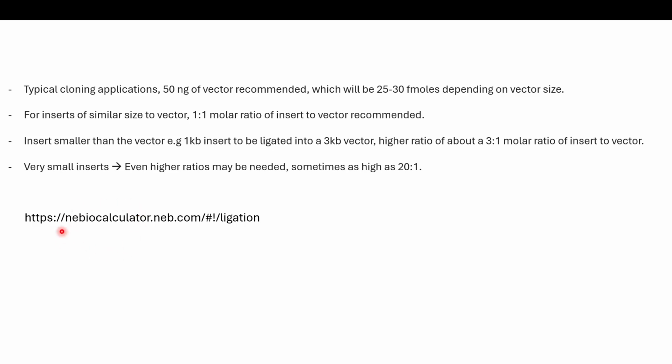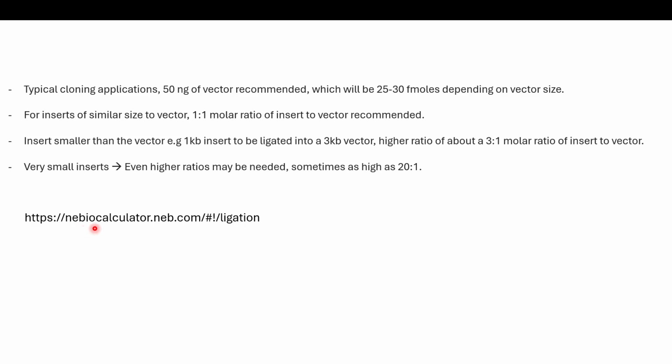So this is something called the NEB calculator. If you search it on Google, you just give the size of your vector, etc. It will give you the amount of insert and vector that has to be added for ligation reactions.